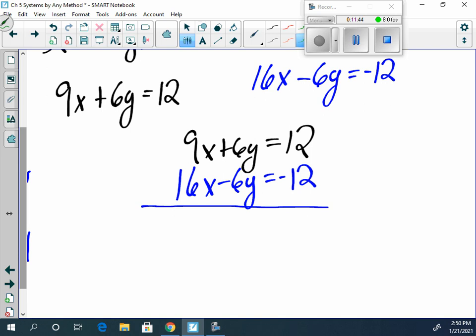We're just picking one to put on top, one to put on bottom. Any questions on this here so far? So which ones have the same number? Well, the y's, yes? Are those signs the same? Yeah, the non-variable numbers do match up. Are the signs the same on it, though? No. If the signs aren't the same, we add.